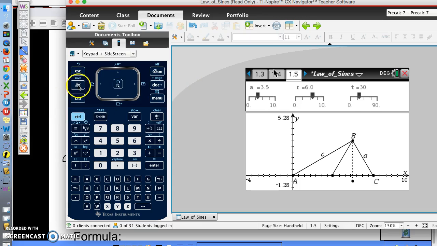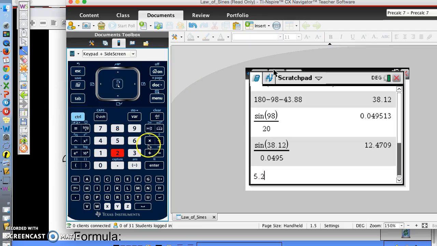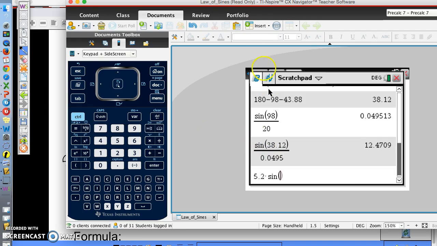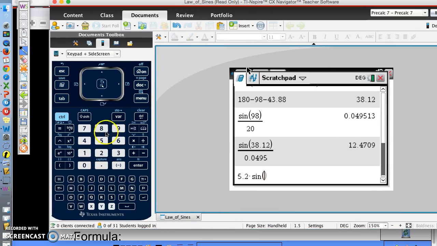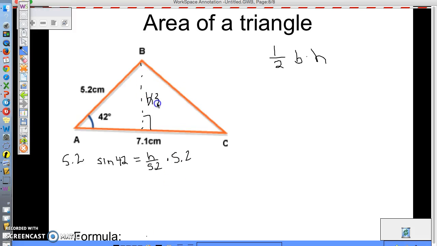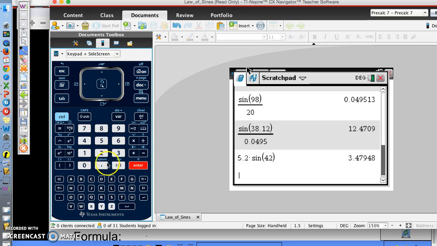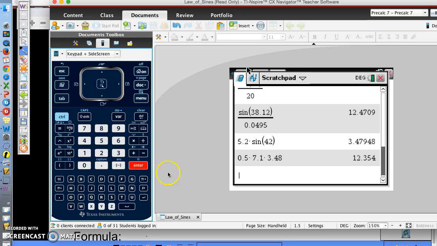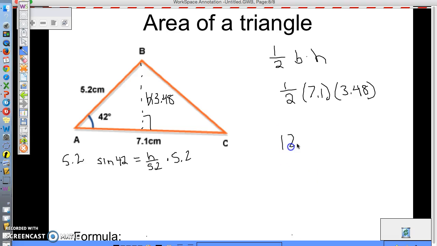So our height is 5.2 times the sine of 42, 3.48. So we'd have 1/2 times 7.1 times 3.48. So 0.5 times 7.1 times 3.48. So we end up with an area of 12.35.